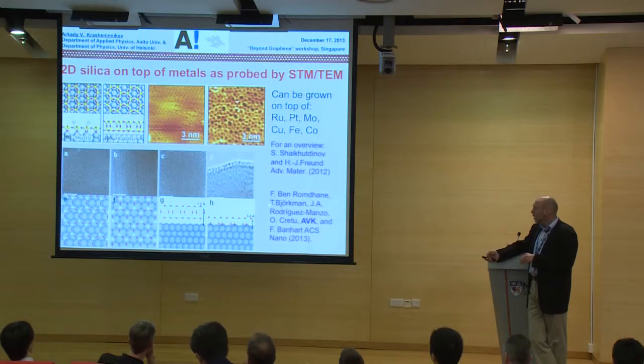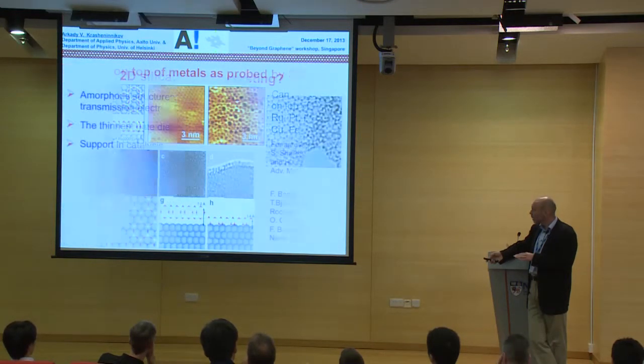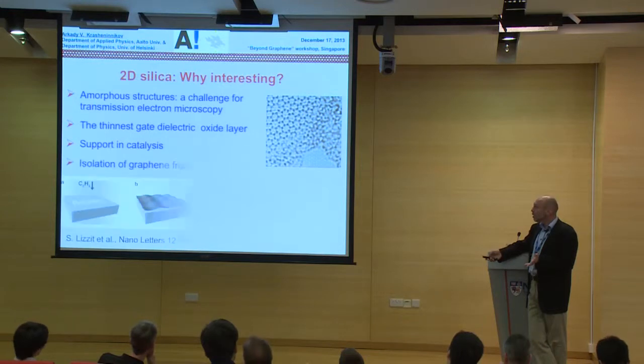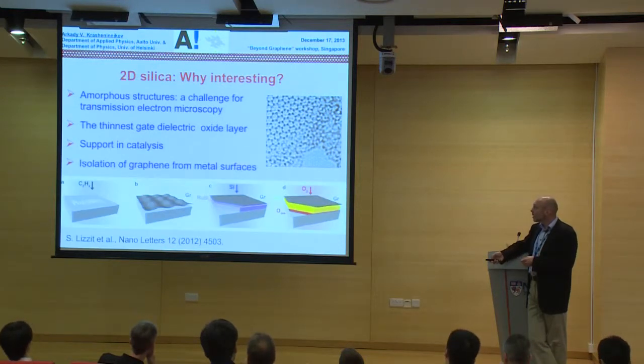And recently, together with another group, Florian Banhart, we looked at the silica structure on ruthenium and some on iron and some other metals. So why is bilayer silica interesting? Well, it's the thinnest gate dielectric oxide layer and can be used for catalysis.